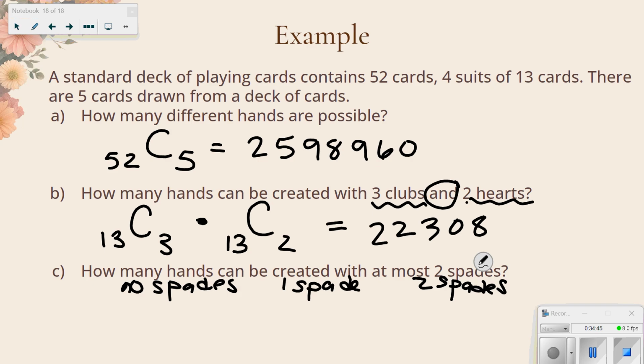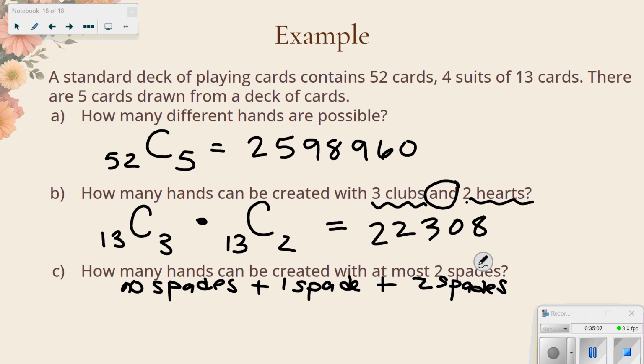So what should I do with those 3 values? Should I multiply or add them together? Add. You heard me, I said I could have no spades or 1 or 2, and all of those could fall under that umbrella.